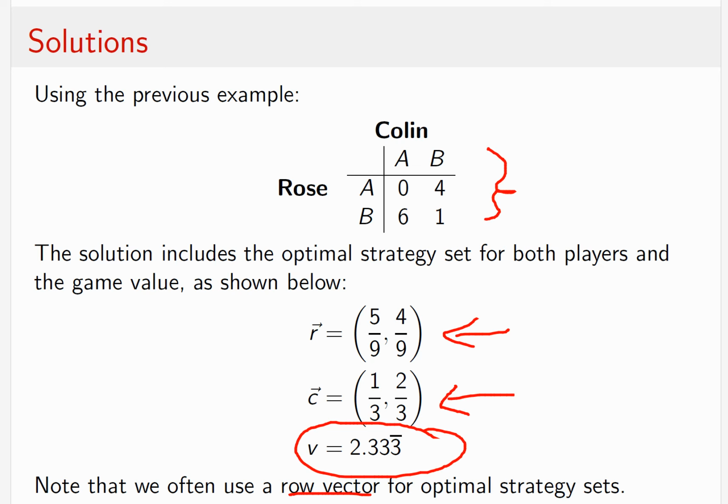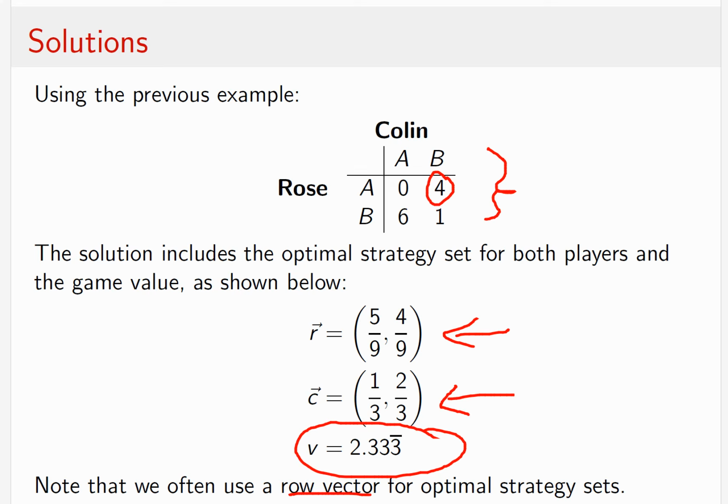Here we're representing Rose's payoffs, right? So if Rose plays A and Colin plays B, that gets a payoff to Rose of 4 and therefore a payoff to Colin of -4. Remember, these are zero-sum games, and if I always present Rose's outcome values in the matrix, then I can use the opposite to find Colin's.